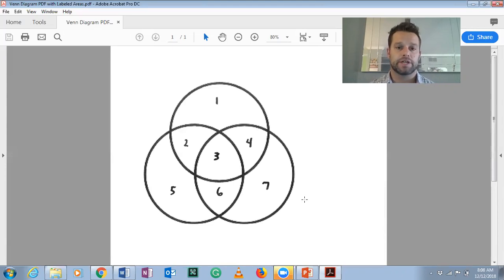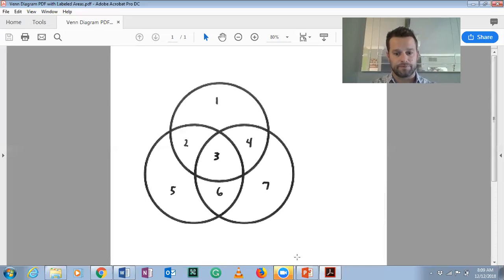And what you're going to have to do is shade the premises appropriately. Remember, you do not shade the conclusion. And then you will have to choose from a selection of choices. So it's a multiple choice question, what the proper shading is.